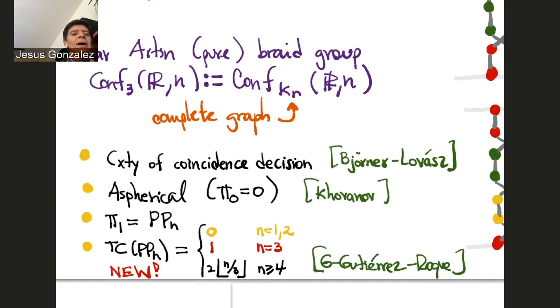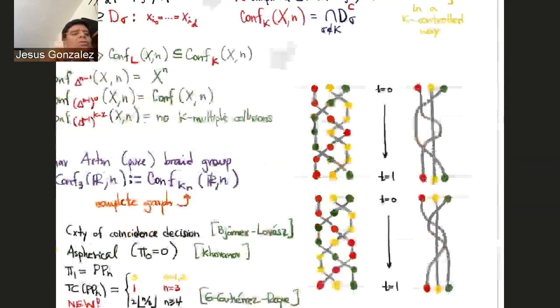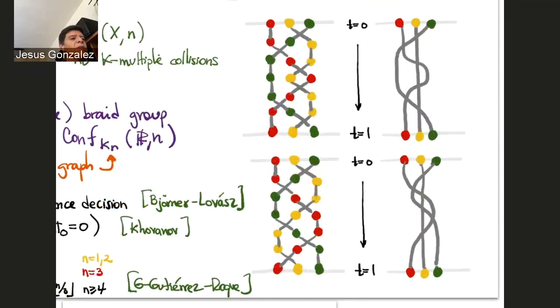And here are a couple of pictures. Suppose n is 3, I have 3 points, one which is red, one which is yellow, and one which is green. And then these 3 points can be moving along this line, which starts on top and then goes down to the bottom as time progresses. And at each time, there can be at most 1 collision, not 3 collisions.